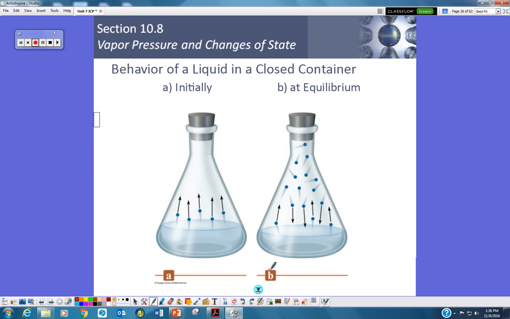So I take this container, put a certain amount of liquid in there, and cap it off. Right now the pressure is still atmospheric pressure. In order for it to reach equilibrium, it has to sit for a little while. So if I take it off right now, there's not going to be any pressure release.